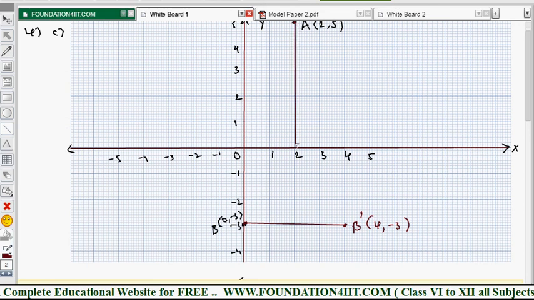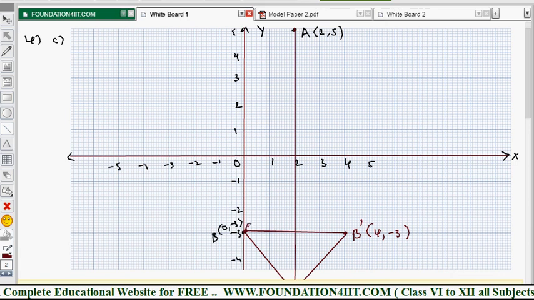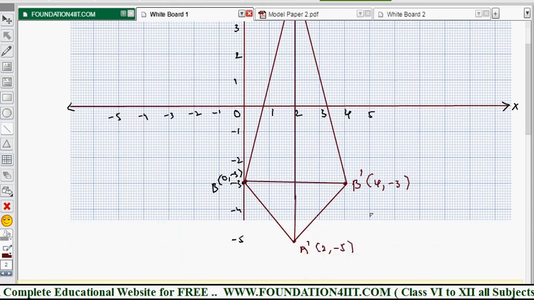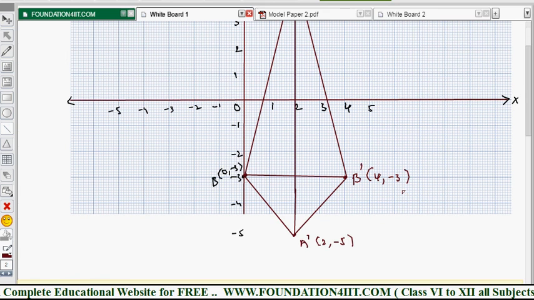Take this A to A dash, and if you join these all 4 points, so here is A to A dash and A to B dash. So this diagram is a kite. Okay, A B A dash B dash is the kite shape.